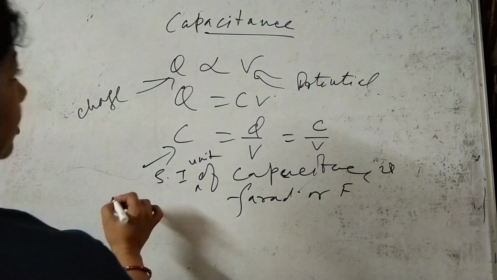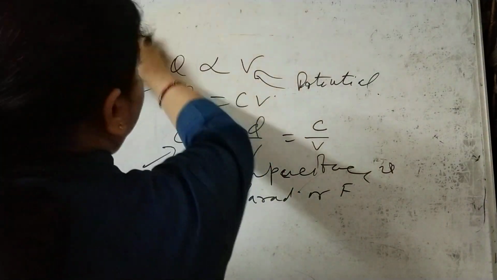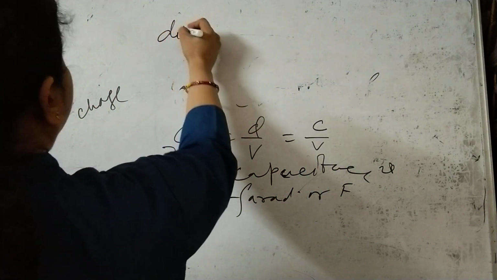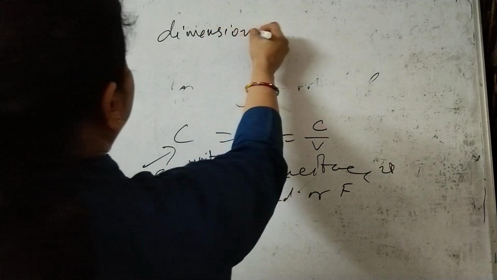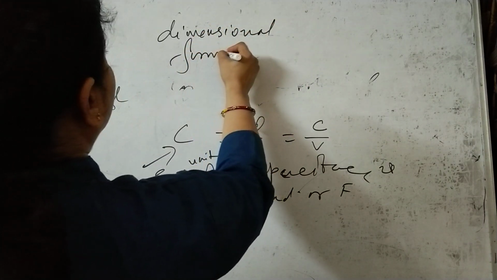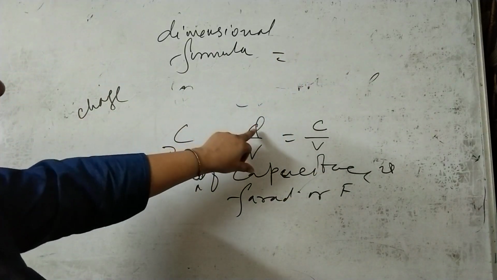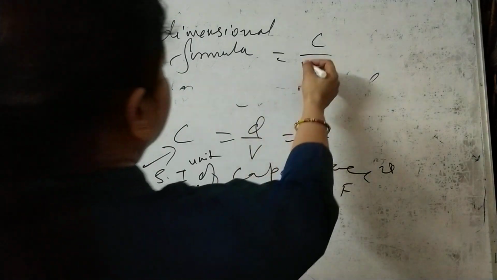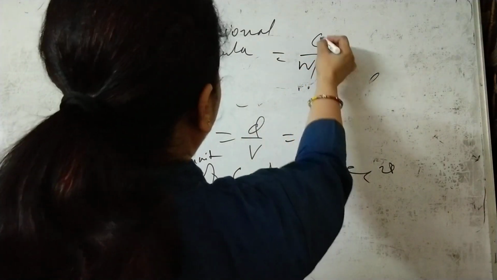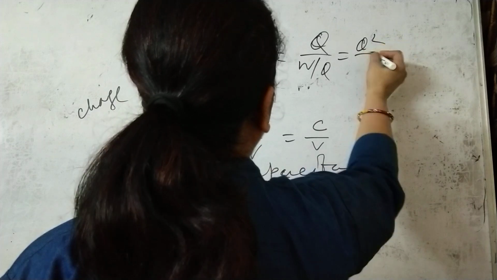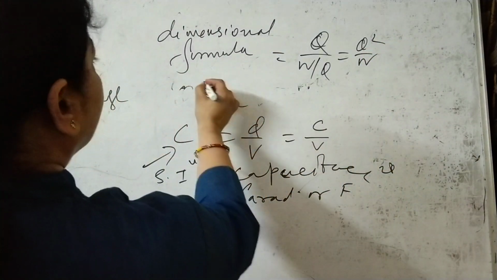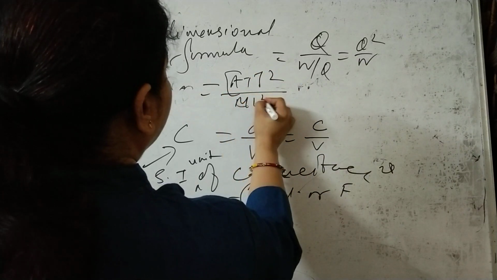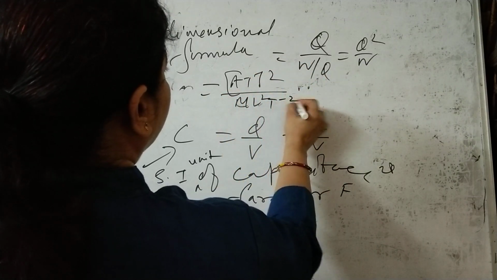How can you get the dimensional formula? Let me write it here. C equals Q by V, and V is work done per charge, so C equals Q squared by W. Now Q squared is (AT) whole squared, and for the work done it is ML squared T to the power minus 2.